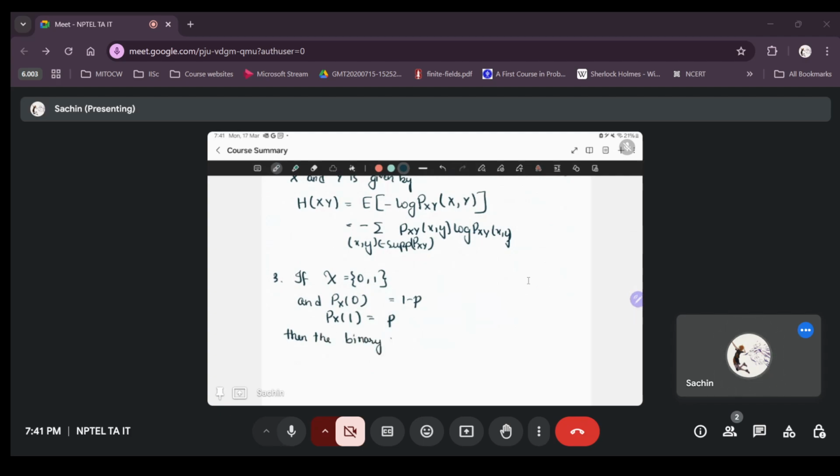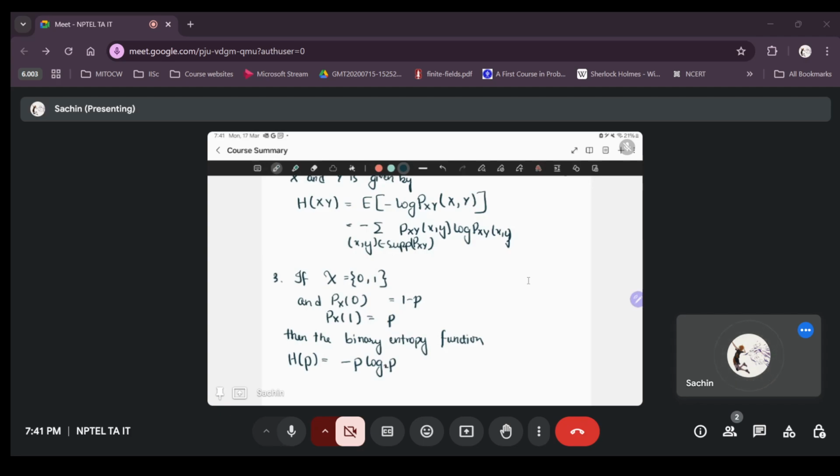binary entropy function is denoted by h of p and defined as minus log.